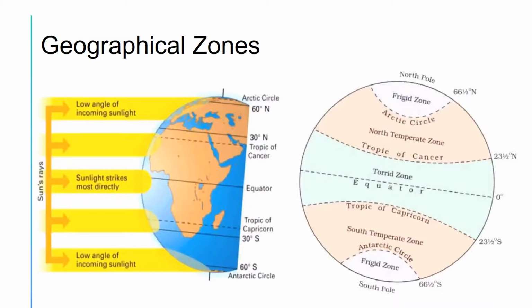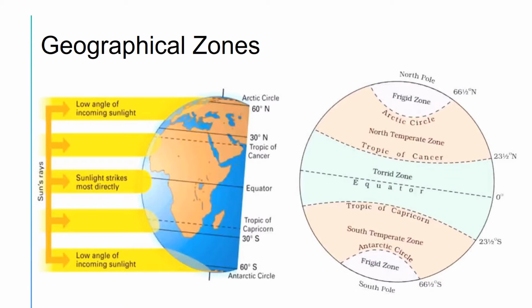So, an explanation in geographical zones ay ito. Sun rays dito sa first picture sa left. Yan yung kung gaano kalapit or kalayo yung sun rays or yung bato ng init ng araw sa Earth. So, syempre sa equator, tayo pinakamalapit.